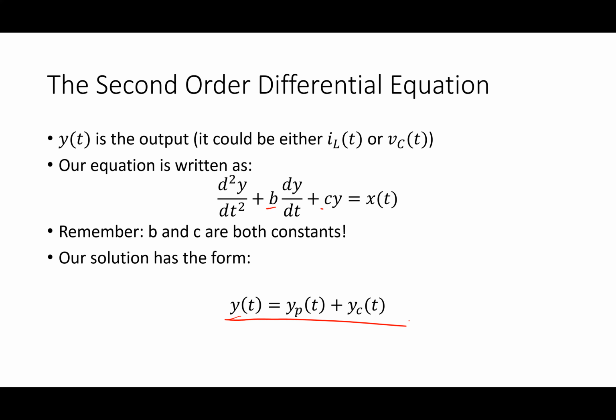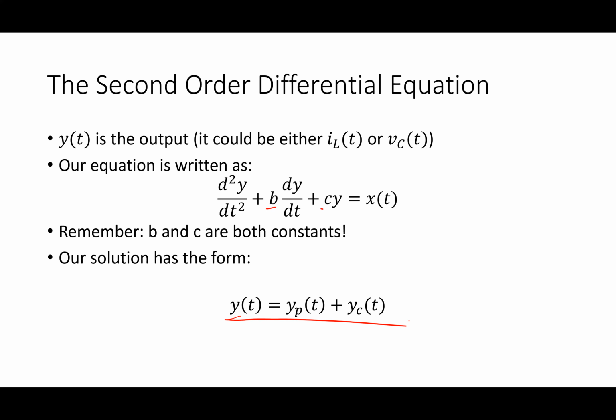So we're going to follow the same solution approach. I'm going to start with the transient, then I'm going to do the particular, then I'm going to do my initial condition test to get the total solution. Same basic process. I say this method always applies. I could have a 28th order system and this method would still apply.